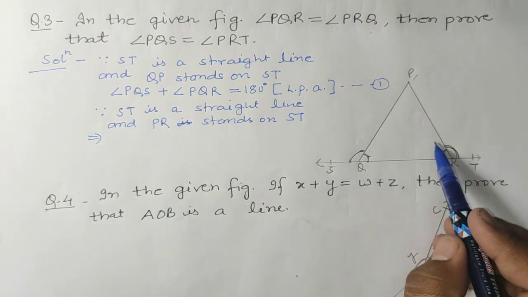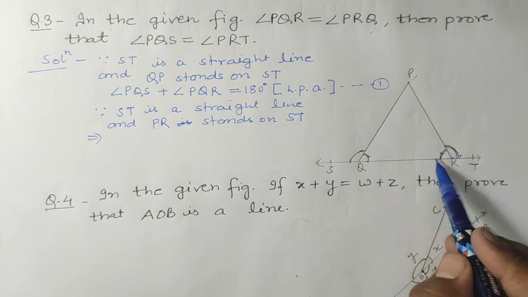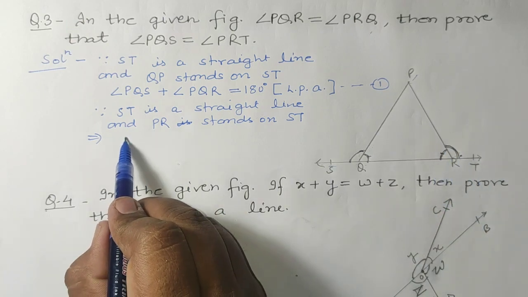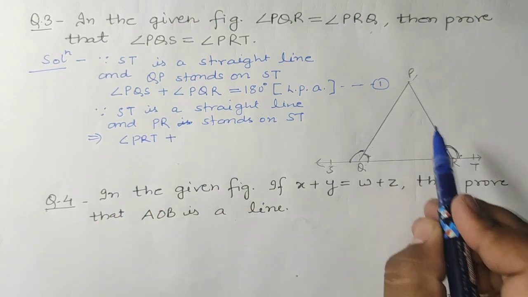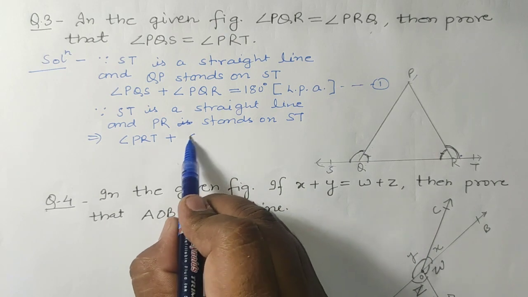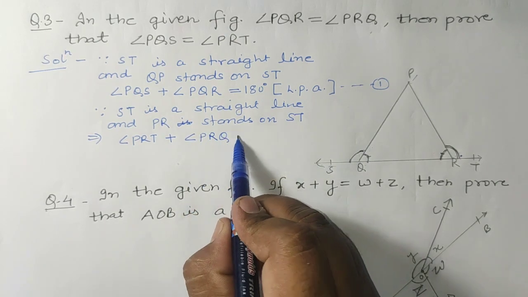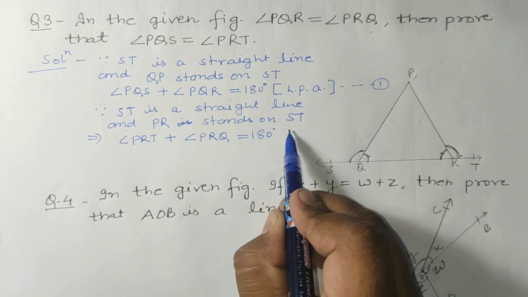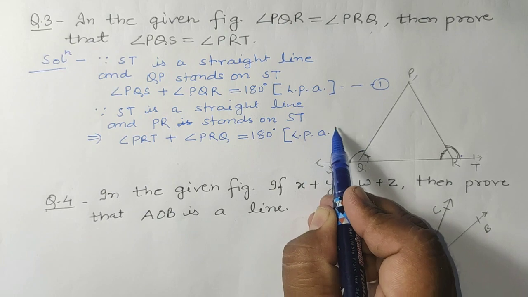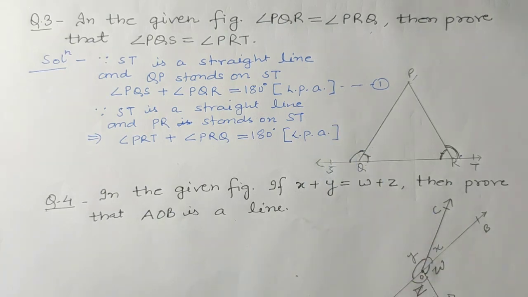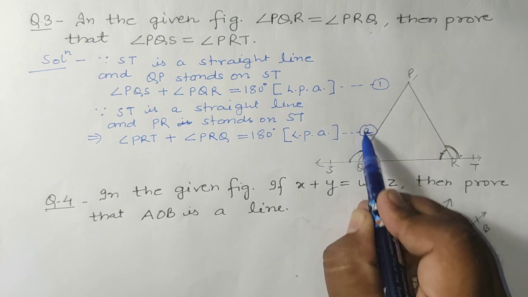We can conclude that the sum of these two angles, angle PRT plus angle PRQ, will also be equal to 180 degrees, from the linear pair axiom. Suppose this is your equation number 2.